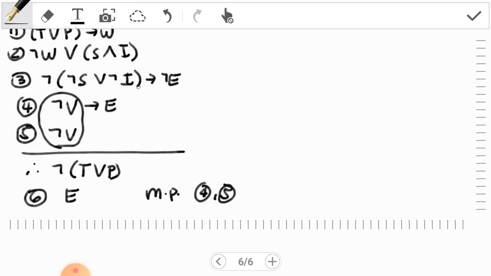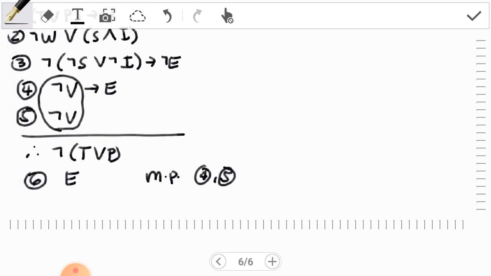So what rule uses an implication as one premise, and the second premise is the negation of the second part of the implication premise? You will find there, you can use your modus tollens.